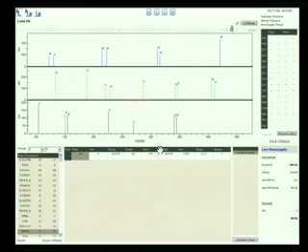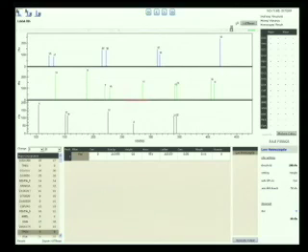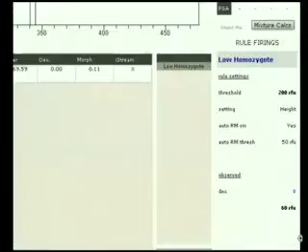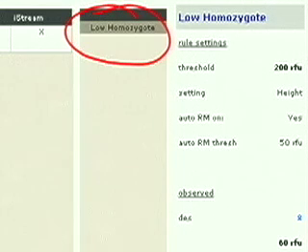Looking at that exact same sample in FSSI cubed, and we blow up on that particular locus, you'll see that the software has stopped us at the 8 allele for this particular sample. If we look over at the rules that have fired, you can see that we actually have a rule that's fired called low homozygote.